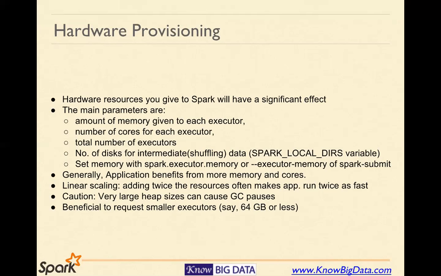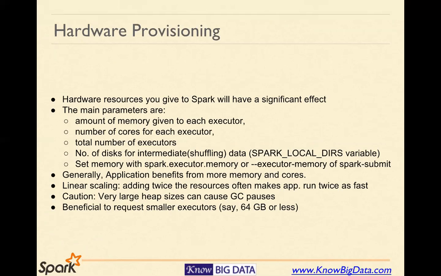Spark has linear scaling. Linear scaling is a very important criterion in distributed computing, meaning if you increase the resources twofold, do you get twice the performance? In case of Spark, that is true.